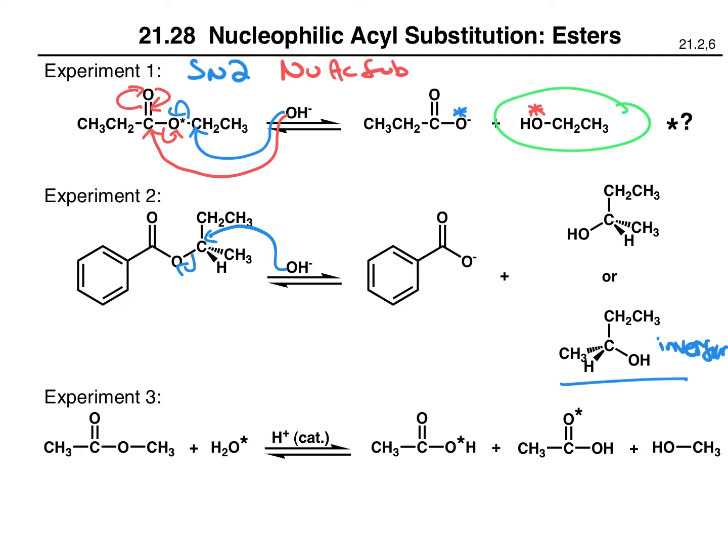So we would expect this product as our alcohol. But if it is nucleophilic acyl substitution, these electrons go up, they come back down, they kick out here, and no bond is broken to the chirality center, right? This bond is broken, not this one, so we would expect retention of configuration.